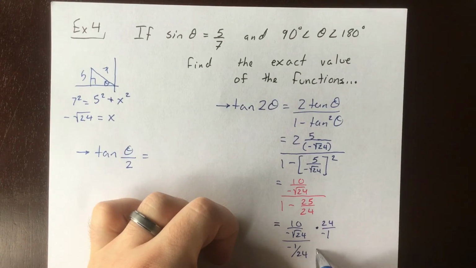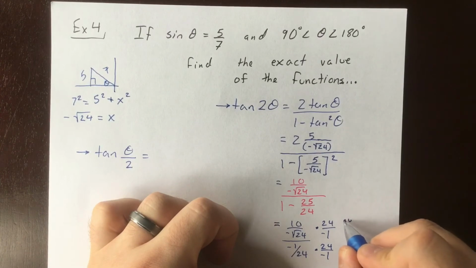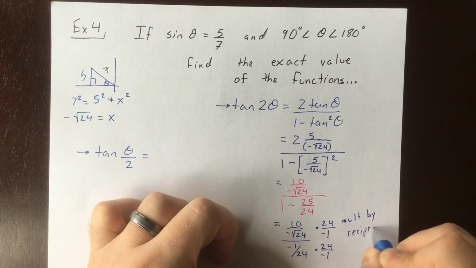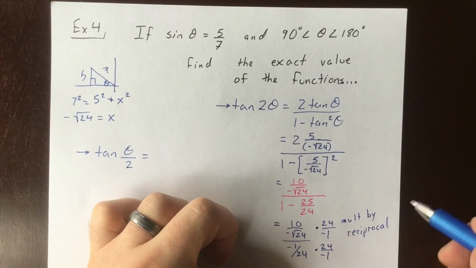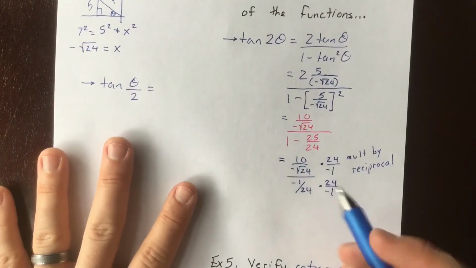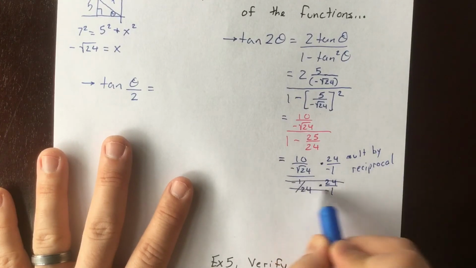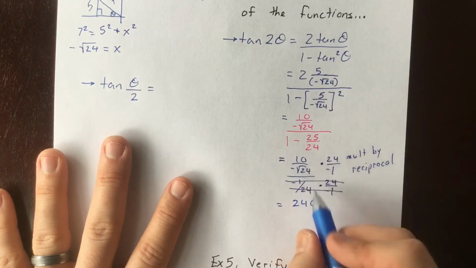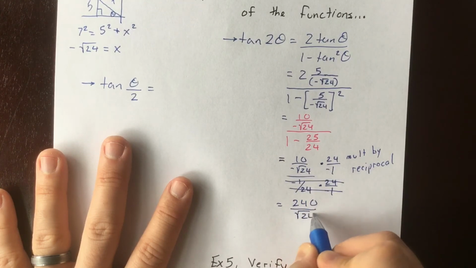Okay, so in doing that, our bottoms cleared, which brings us to 240 over root 24.